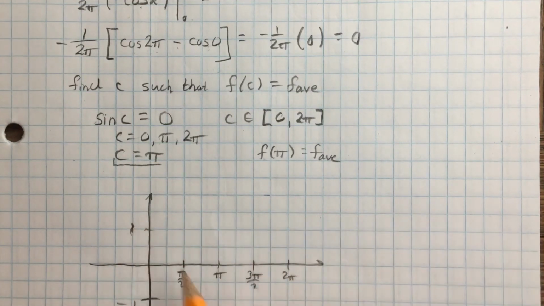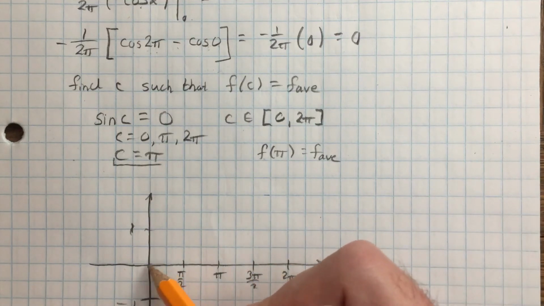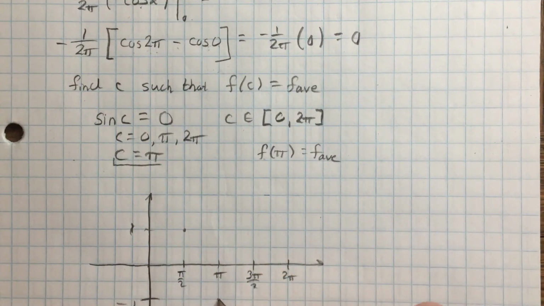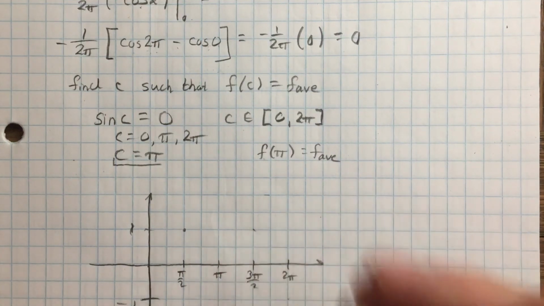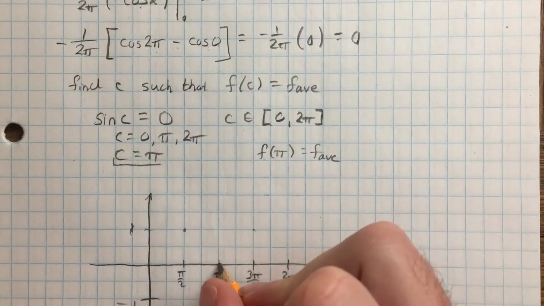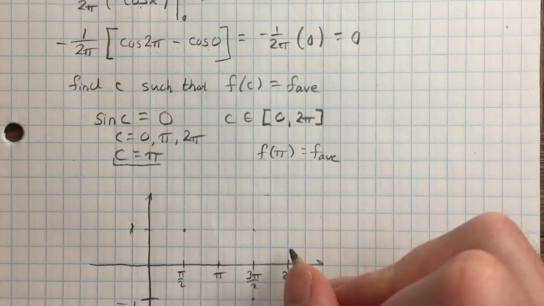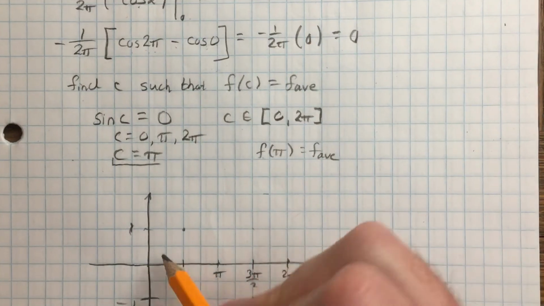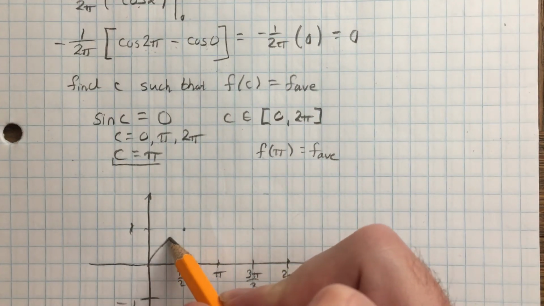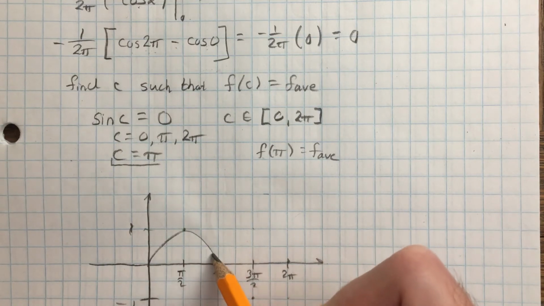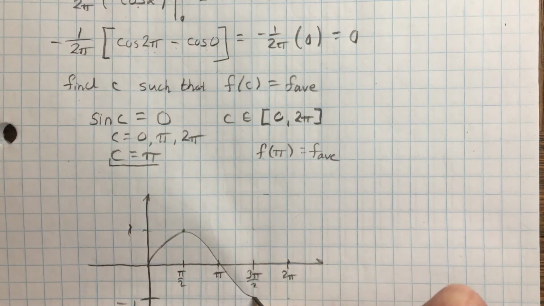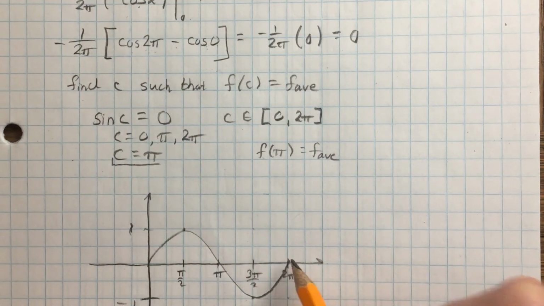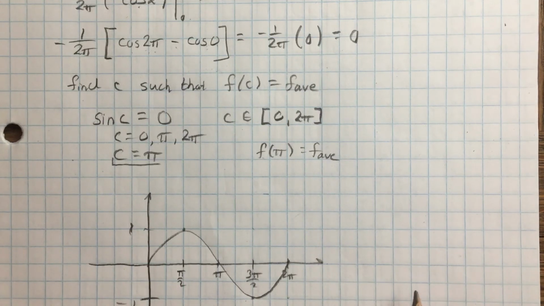So from 0 to 2 pi, we should get a peak here, a 0 here, a trough here, and back to a 0 here. All right, so let's draw that. Okay, so there's from 0 to 2 pi.